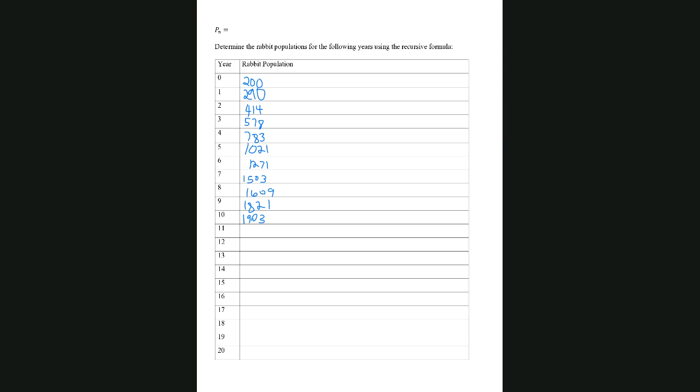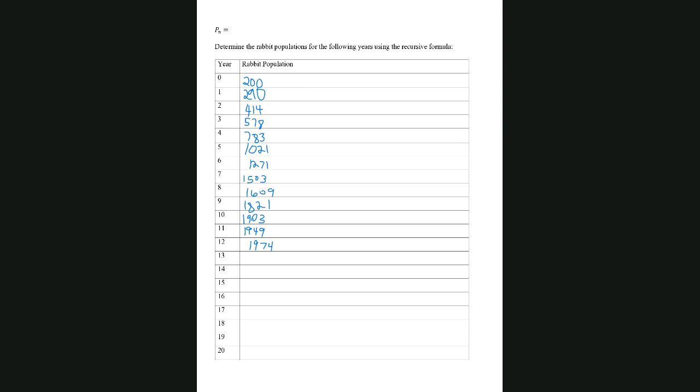So I have 1903 in year 10. In year 11, when I use the model, I just have 1949. In year 12, I have 1974. So as I'm getting close to the carrying capacity, I'm not growing as quickly. I'm not adding as many fish each year.